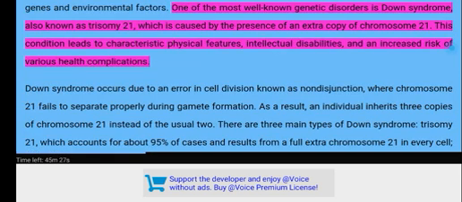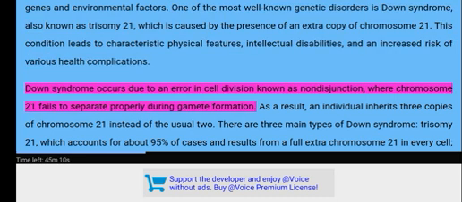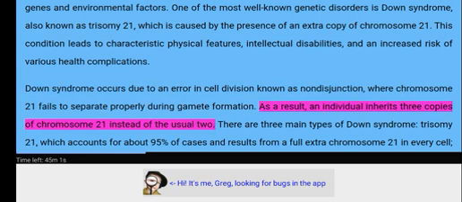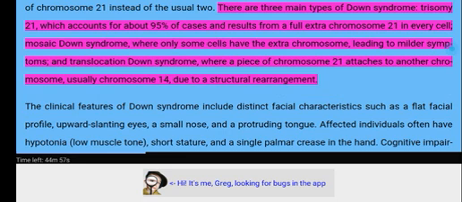One of the most well-known genetic disorders is Down syndrome, also known as trisomy 21, which is caused by the presence of an extra copy of chromosome 21.